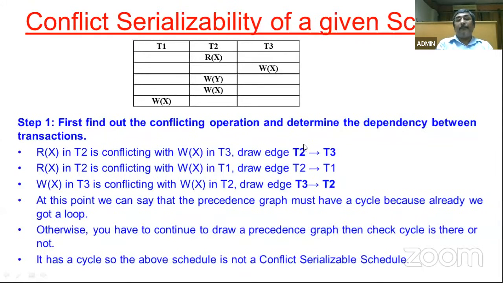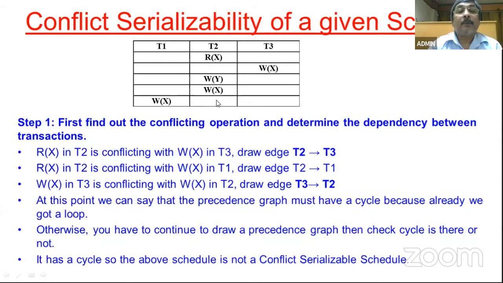So I have a graph where T2 is a node, T3 is a node. And from T2, I draw an edge to T3, signifying T2 has to be done first because this R has to be done before this T3's W. In any serial order of this schedule, there is no way T2 can be done later than T3, because T2's Rx has to be before T3's Wx.